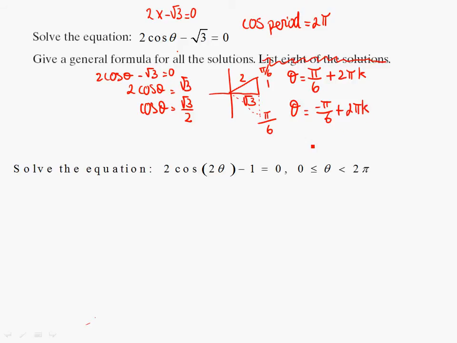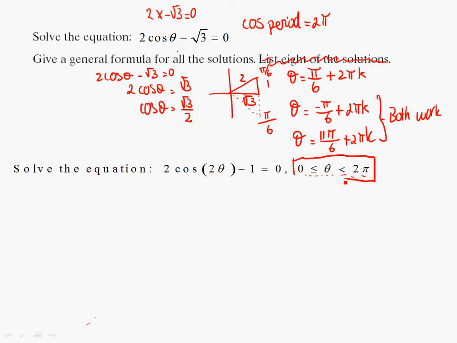That would work. This restriction is placed a lot on it, so we might start with 11 pi over 6 as well, plus 2 pi k. So both of these will work. In this one it doesn't matter which one you write. Probably the first one is easier, the negative pi over 6. Alright.